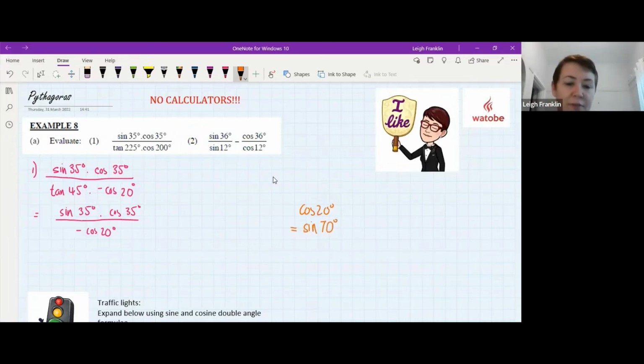You absolutely have to know that. If you don't know these, there's no way you are ever going to be able to answer these questions. So this is co-ratios.